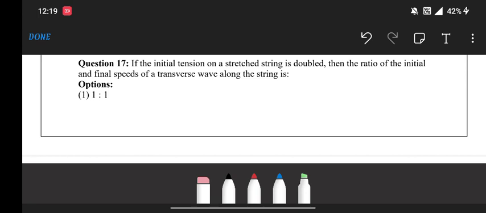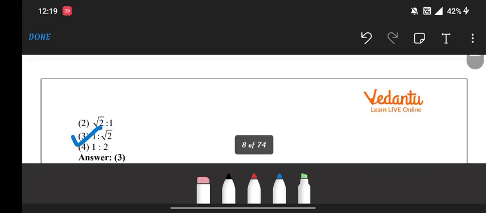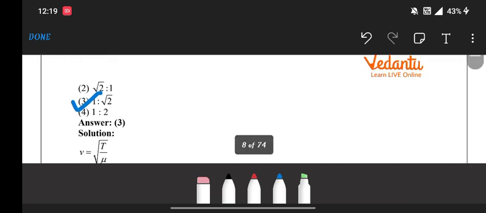We have to find it. The options given are 1 is to 1, root 2 is to 1, 1 is to root 2, or 1 is to 2.